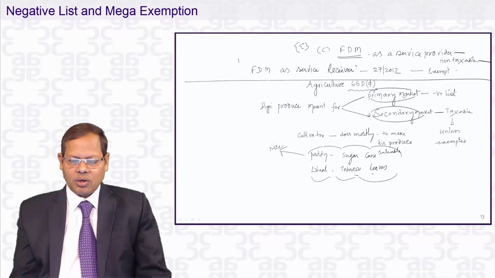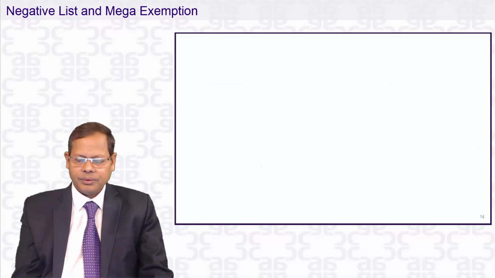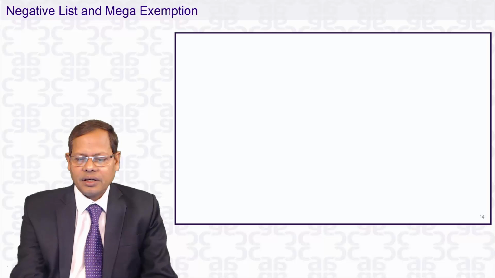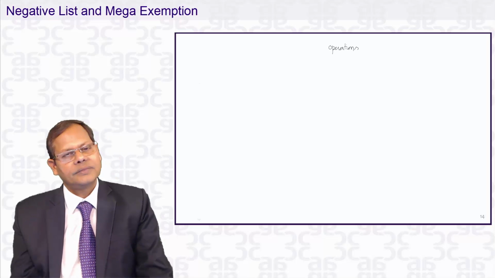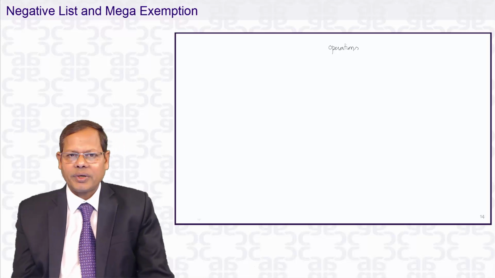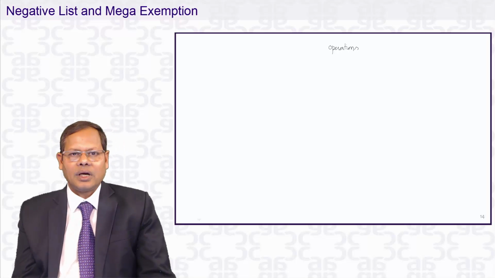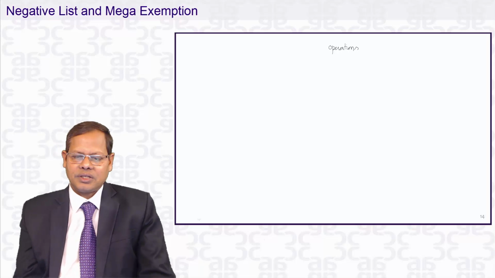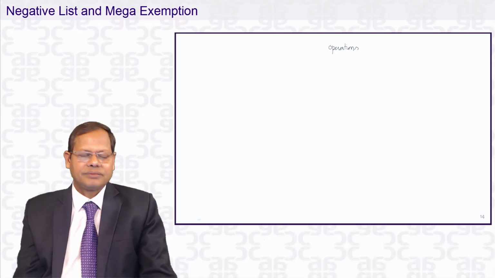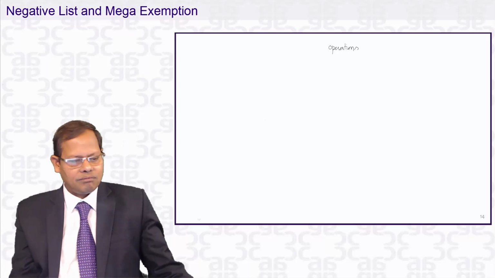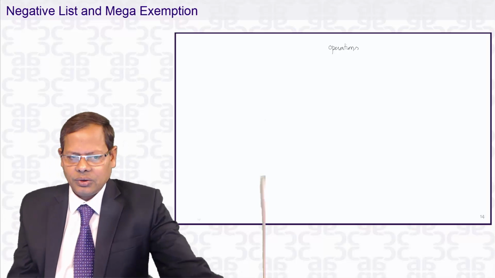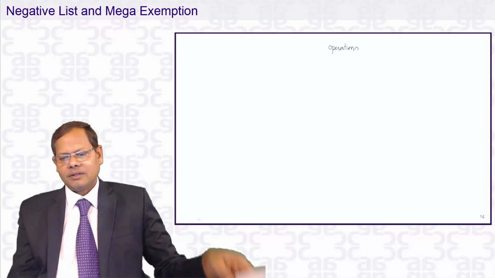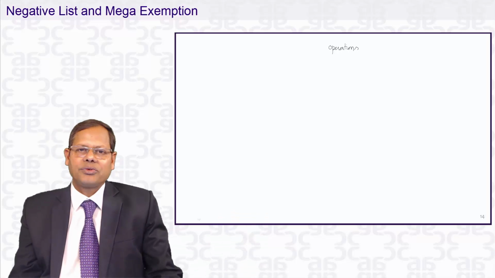All agricultural operations to produce something through cultivation or other means are totally under the negative list. And also laborers, I'll give you the proper order. So operations, and to conduct these operations you need labor.